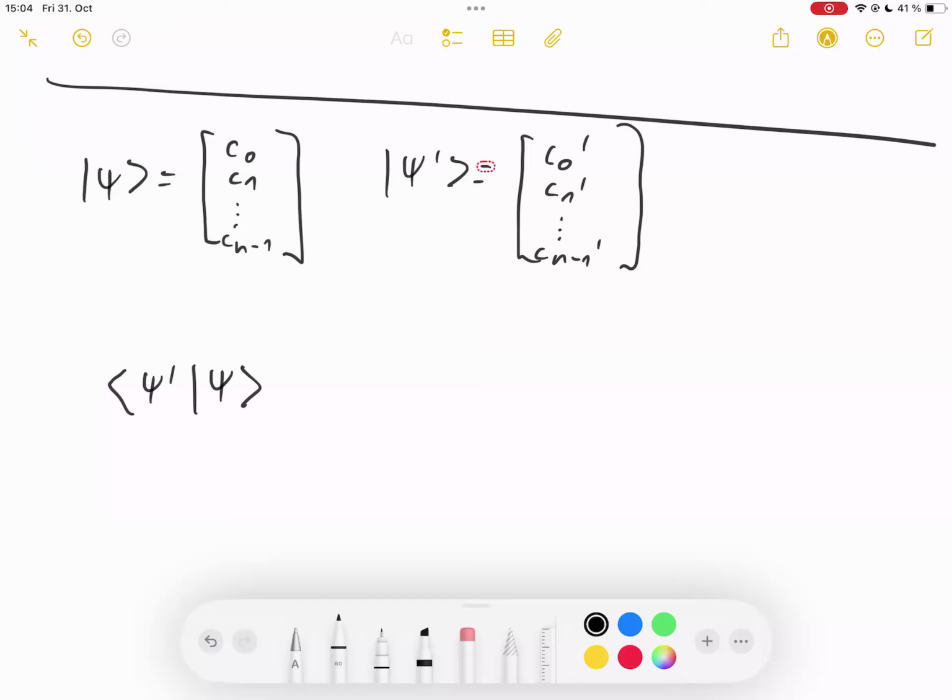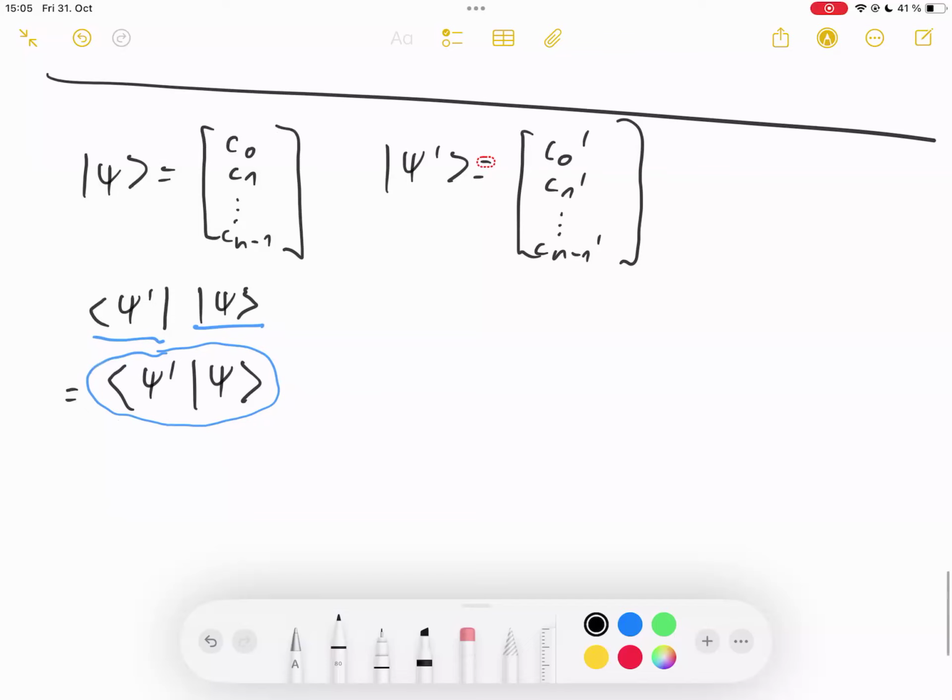Sometimes this is also written as the following: I have my |ψ⟩ ket, and from the left, my ⟨ψ'| bra. If you just write them next to each other and multiply them, it's often written like this. So we have one bar less, but it just means the same. These two notations are just the same, in case you wish.